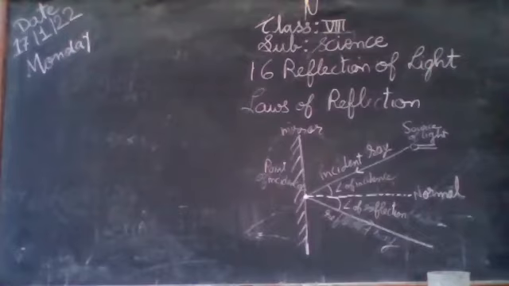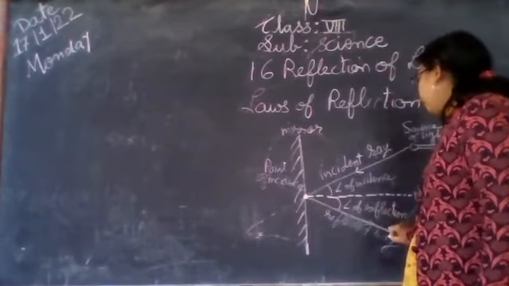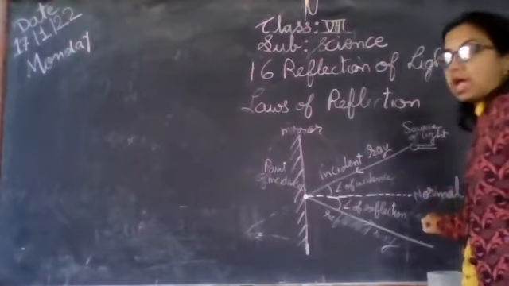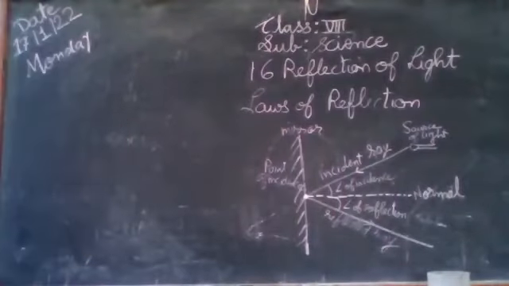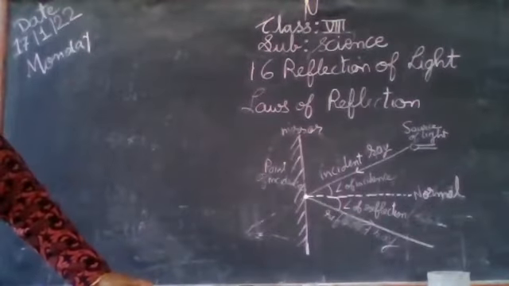So these very important terms: incident ray, point of incidence, reflected ray, normal, angle of incidence, and angle of reflection are the very important points that we all should know.